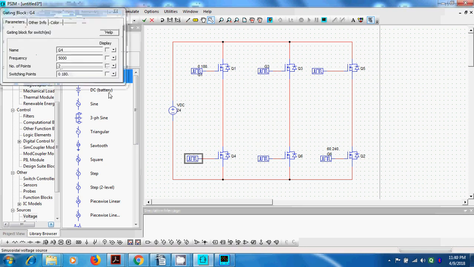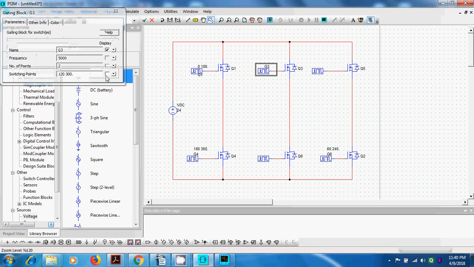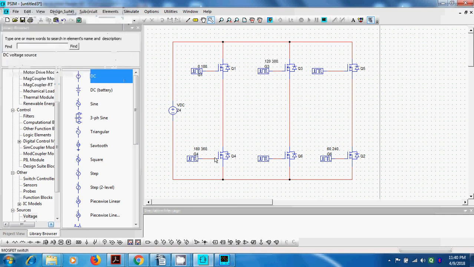Where is G4? It's 180 to 360. That is the second complete half cycle, the negative half cycle. Intentionally I have written this 0, 180, 60 to 240, 120, 300, 180, 360.